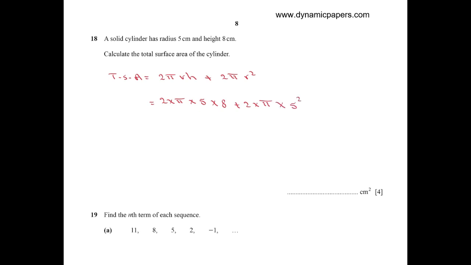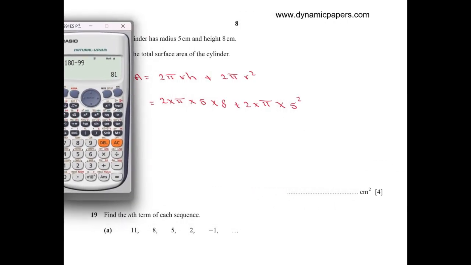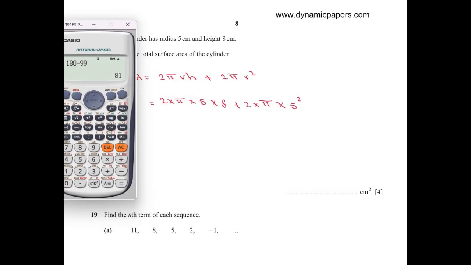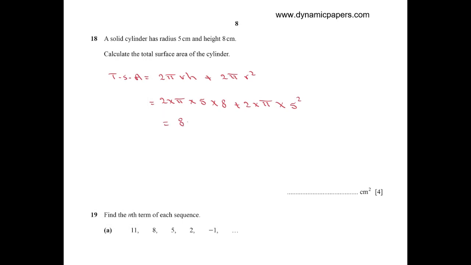Using your calculator, you can find that 40 times 2 equals 80 pi and 25 times 2 equals 50 pi. So the answer is 130 pi.